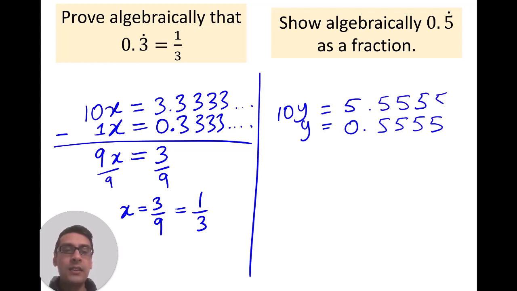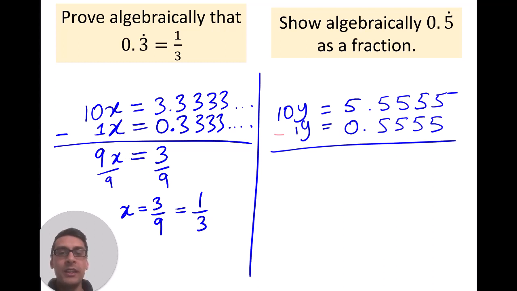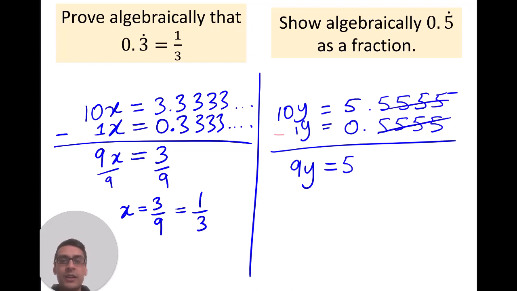So you can see the logic here. We're trying to make sure that the thing after the decimal matches up, so when we subtract it, it cancels out. So 10y take away 1y is 9y, 5 take away 0 is 5, and then the recurring part cancels out.